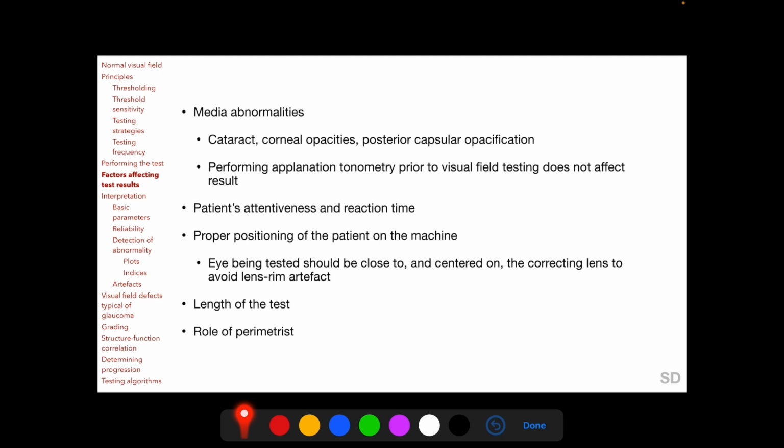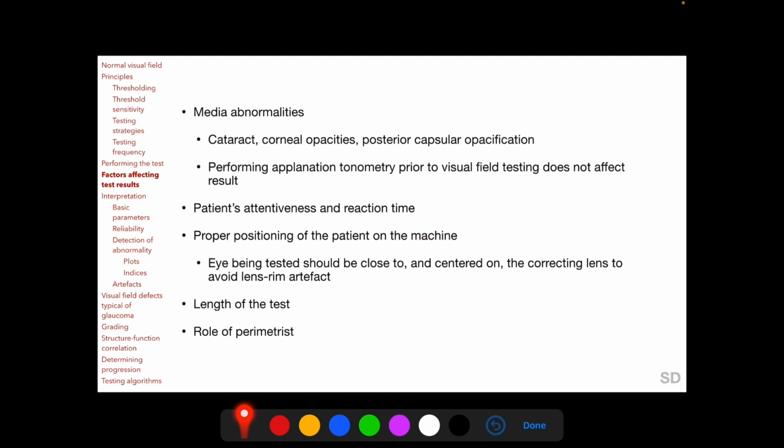But it has been seen that performing applanation tonometry prior to visual field testing does not affect the result of visual field test.